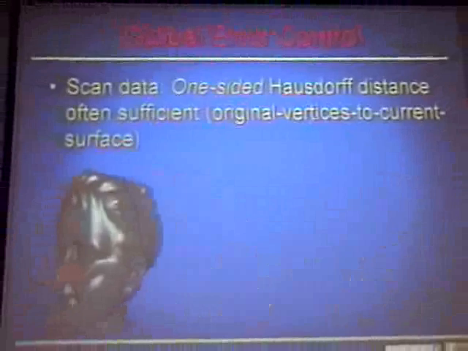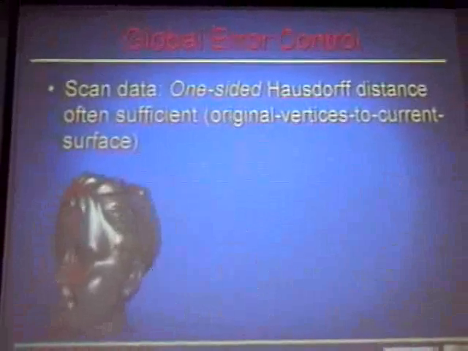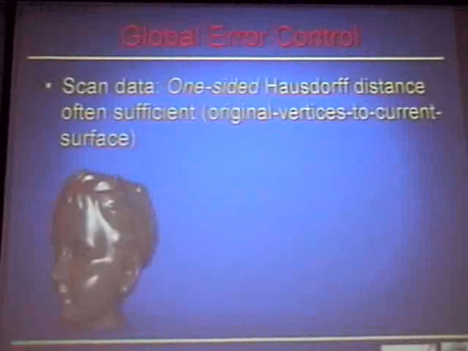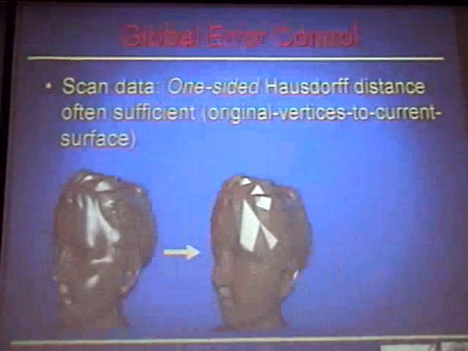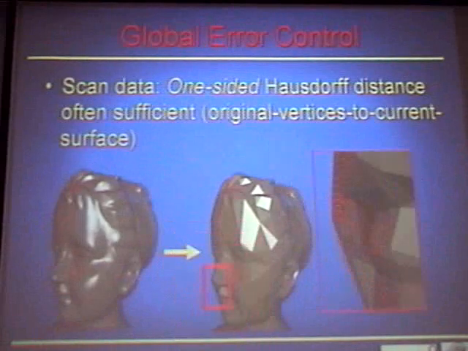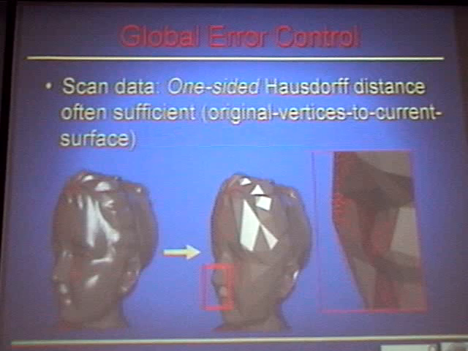Error control, well, I mentioned that the Hausdorff distance is sort of what you might expect. In the context of these applications, you can try to simplify things a little bit by using the one-sided Hausdorff distance, where you basically measure the distance of the original vertices to the approximation.